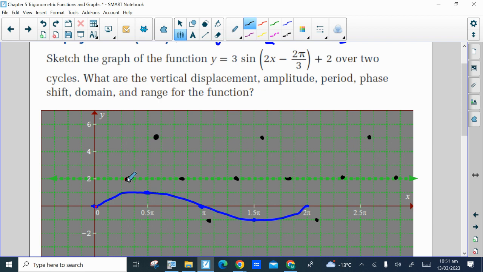I can go 2 units to the left as well and draw more of the graph.